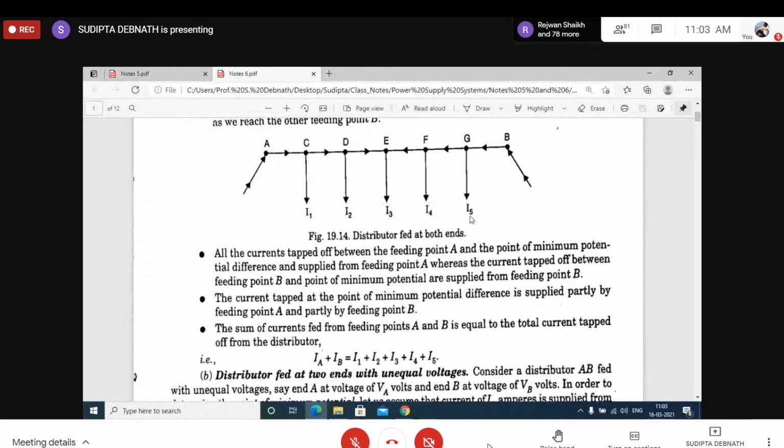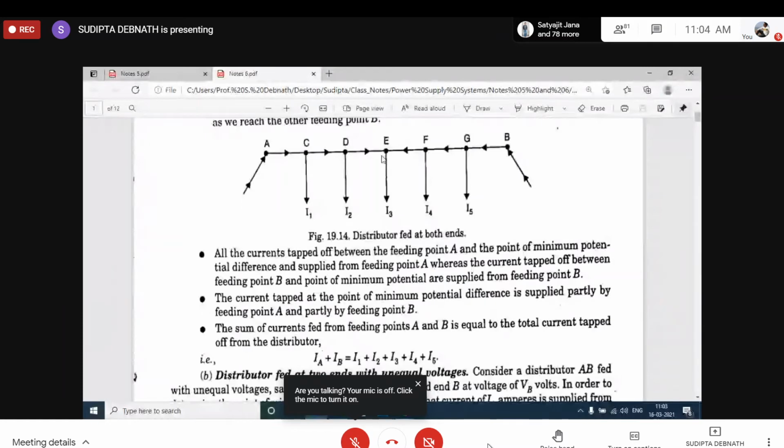Now you see, the current in section AC is flowing from A to C. They have drawn it in this way: in CD from C to D, in DE from D to E, but in EF they have drawn the current flowing from the other end. So it may happen that it is not the point E. Maybe at point D you will find the current in section DE is from E to D. But one thing is clear.